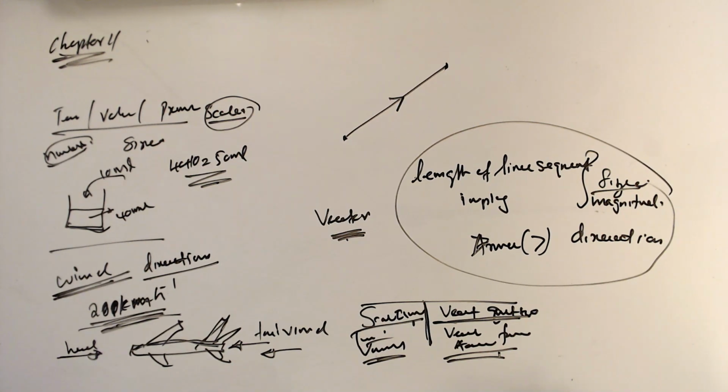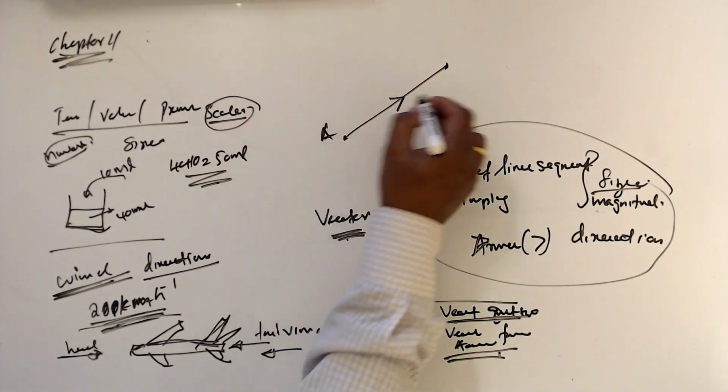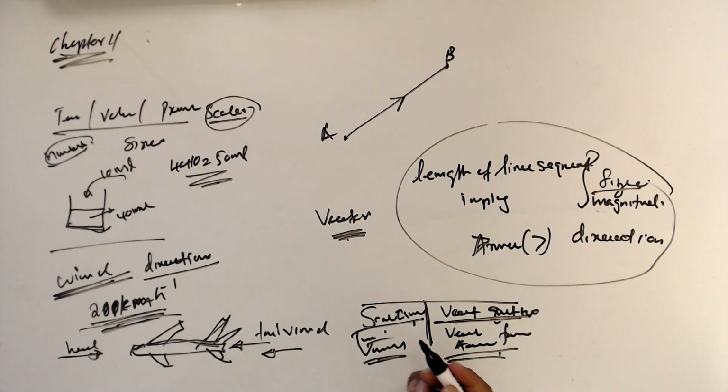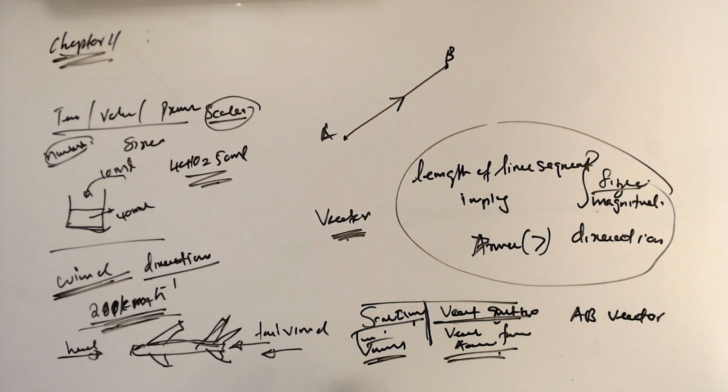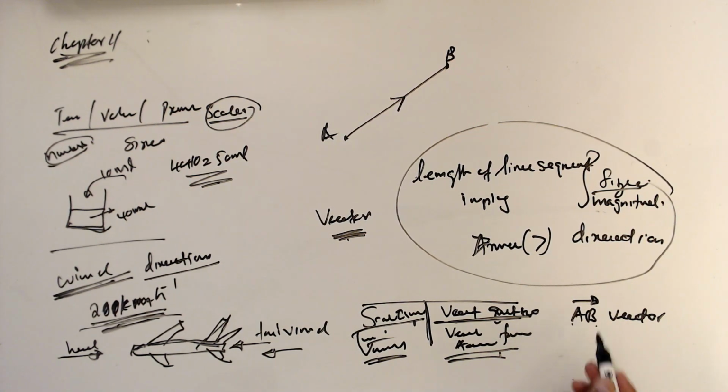Now, this is the best visualization for a vector. So we'll give more meaning for it by giving two letters. So now AB vector. We give a name to this vector. Now we can write AB vector, with an arrow on top, then more meaningful, A to B. We give the direction with these two letters.